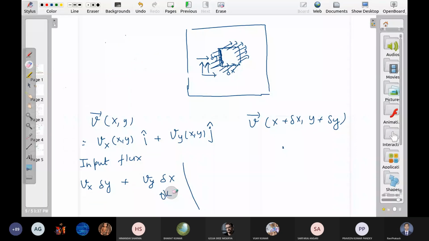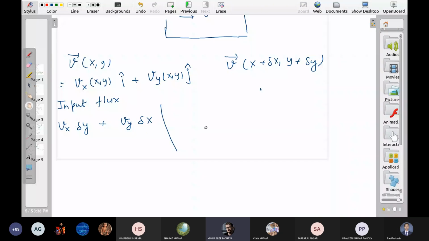Any doubt with this part? Sir, flux is not V bar dot dA bar into n cap? So flux means what? What is the definition of flux? Sir, the amount of any vector field going inside or getting outside a closed area. Right. So let us say this is a line, and a vector field is going from this direction.